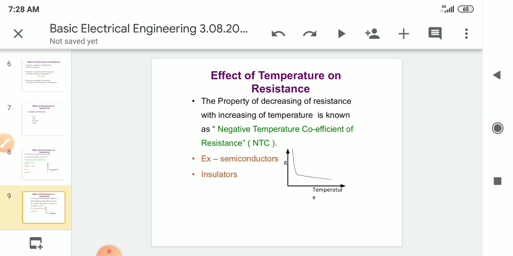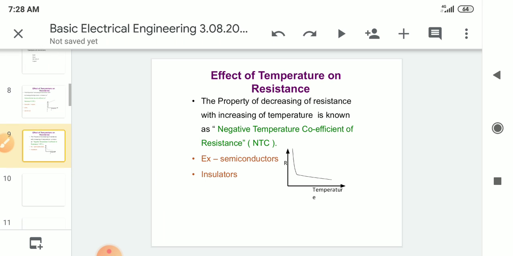Same with insulators and semiconductors; they have this type of property. Let's observe this graph. Here what happened? It decreases with increase in temperature. So this graph is like this.